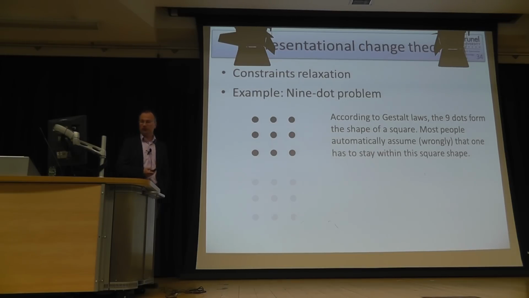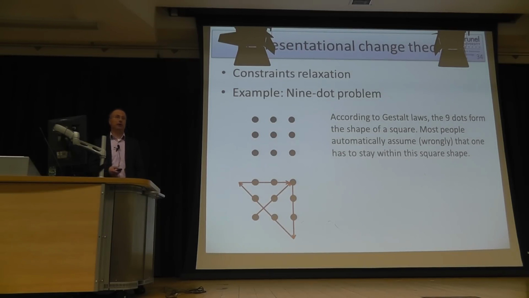And that makes it so different, because to solve the problem, you actually have to go outside the square. And then you can use just 4 lines to do that. And this is an example where we need to relax the constraints which we just posed upon ourselves without any need to solve the problem. Once we did that, we can solve the problem.